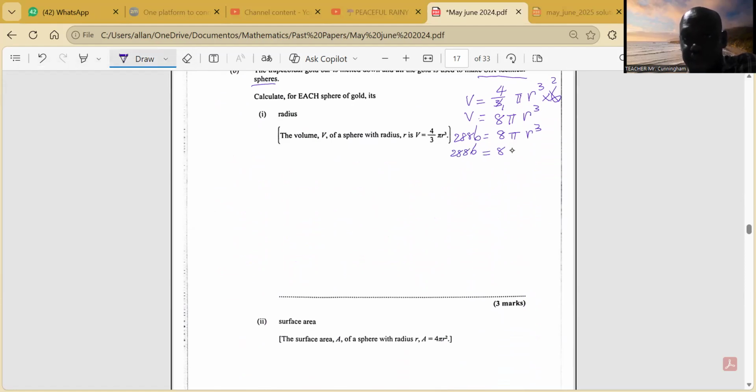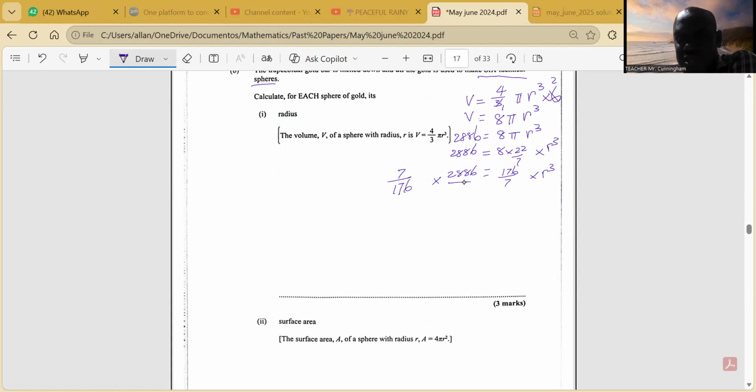286. So 8 times 22 is 176/7. So I'm multiplying throughout by 7 over 176.